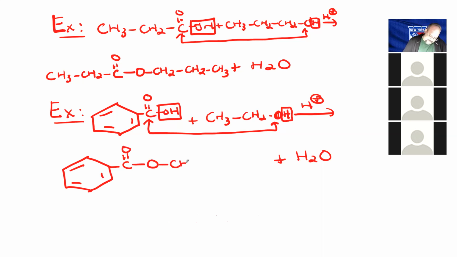It's going to be connected to a CH2, and that CH2 is going to be connected to a CH3. So oxygen, CH2, CH3. And essentially, esterification is one of the main ways that esters are made.